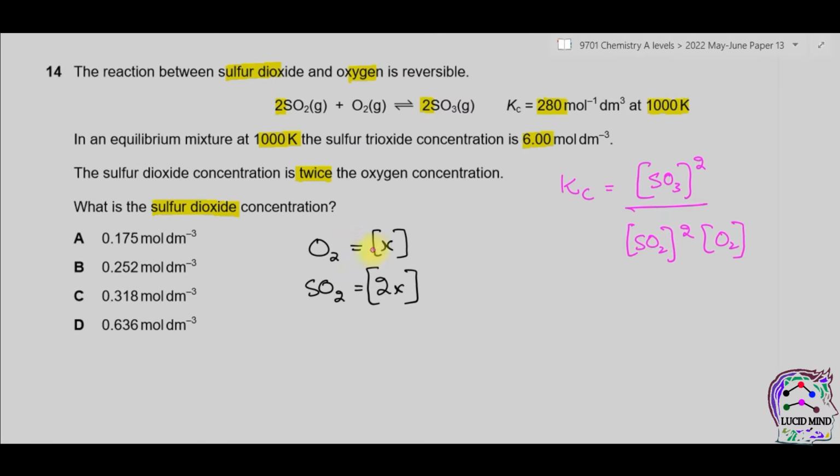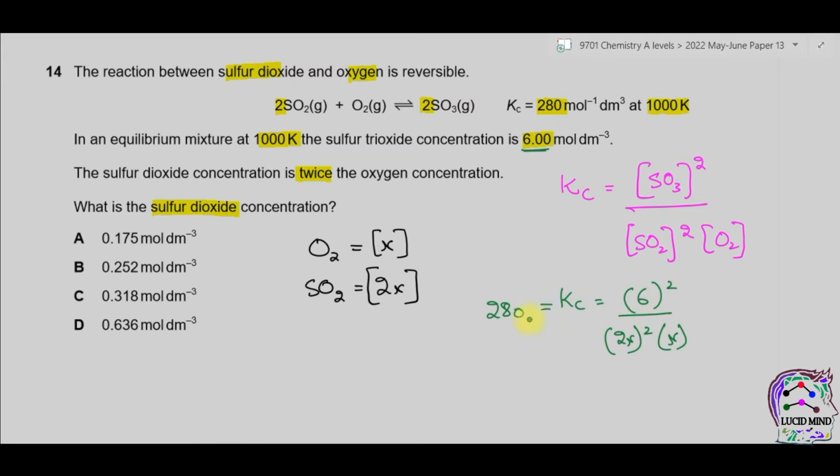Now we already have the values of concentration. Oxygen is x, sulfur dioxide is 2x. So putting these values, Kc is equal to [SO3], which is given as 6, so 6 squared, divided by (2x) squared times x. Kc is also given, it is 280.